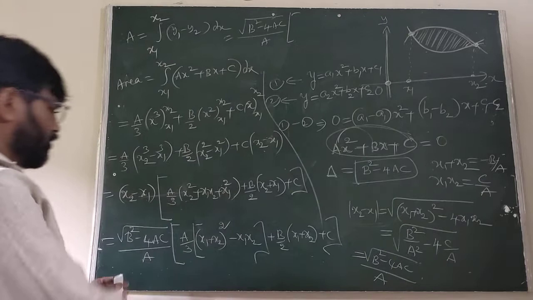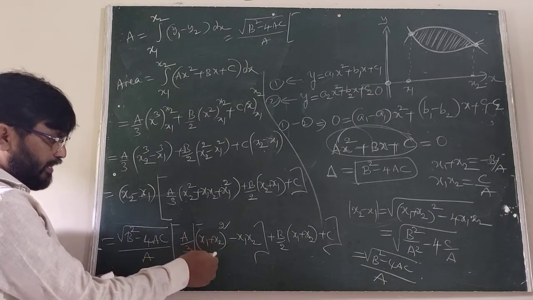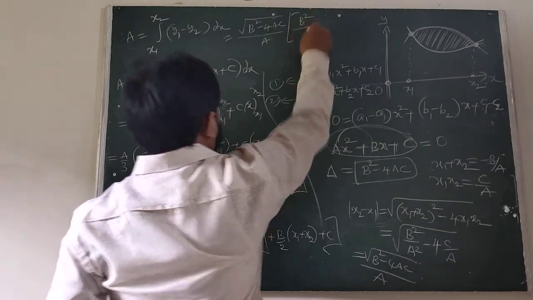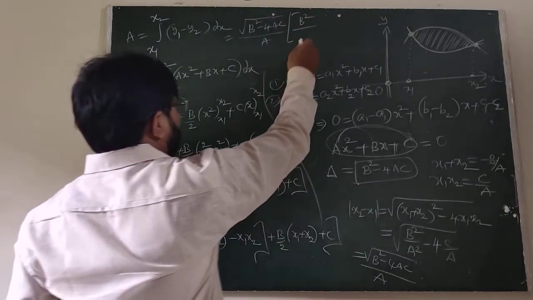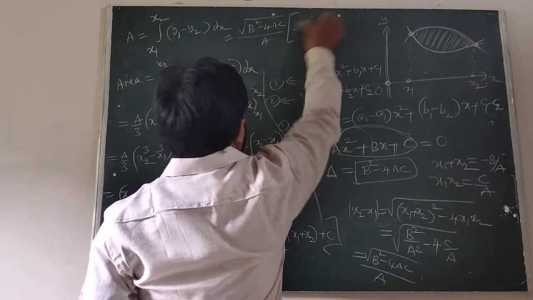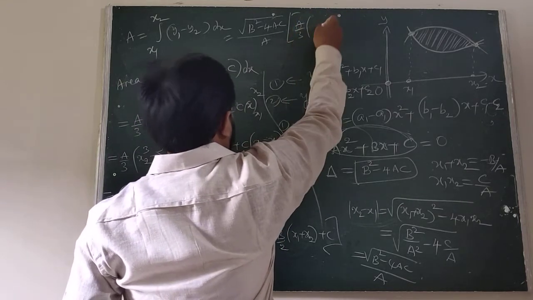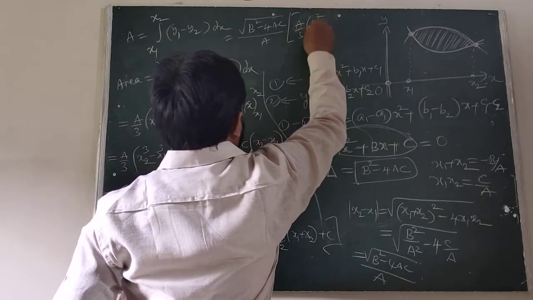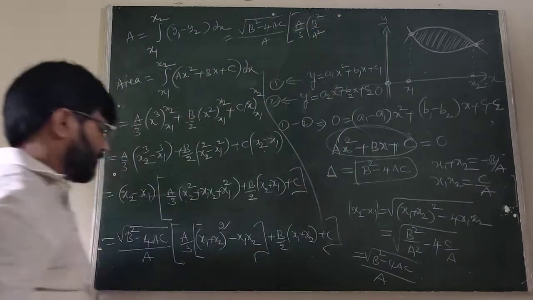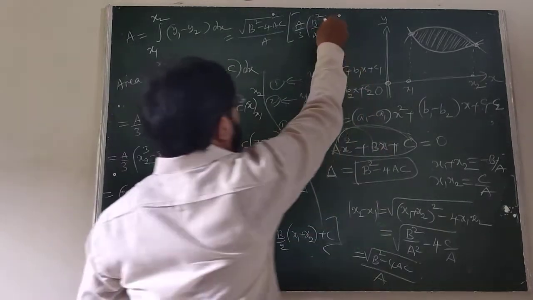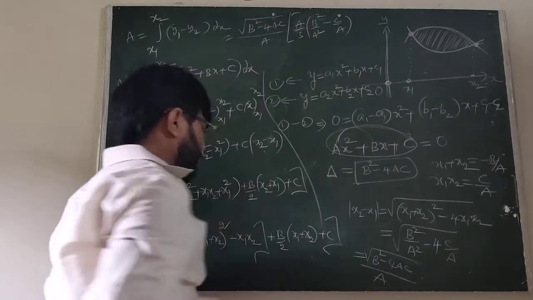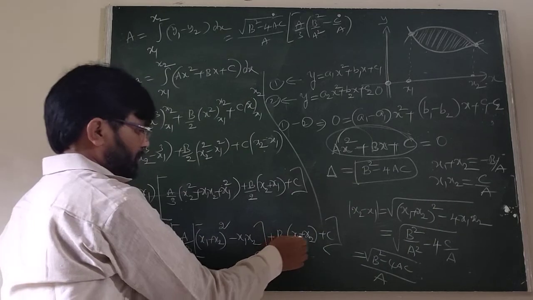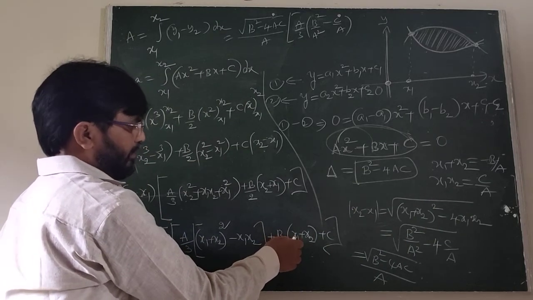Minus b by a whole square is b² by a². So write a/3 into b² by a², and x1x2 is c by a.